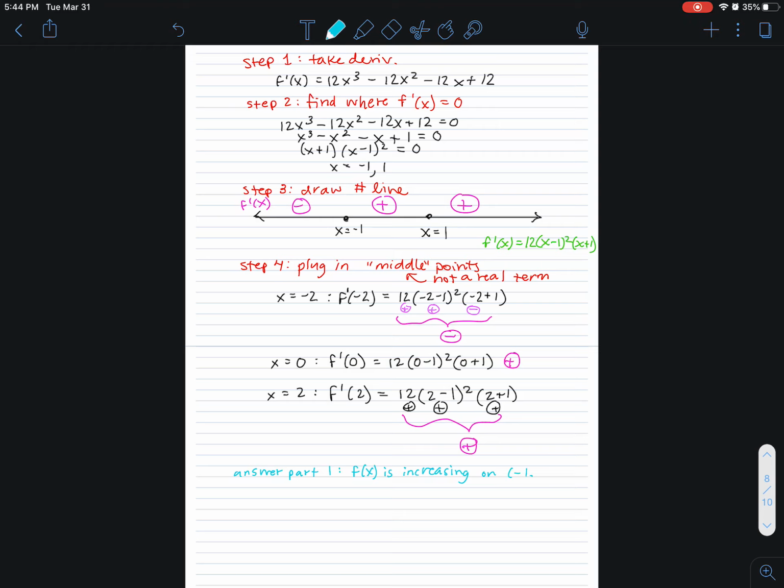So negative 1 to positive infinity, not inclusive, parentheses. And f of x is decreasing on everything else, so that is from negative infinity to negative 1.